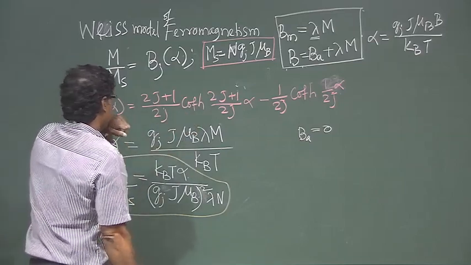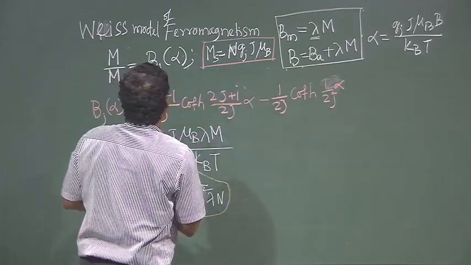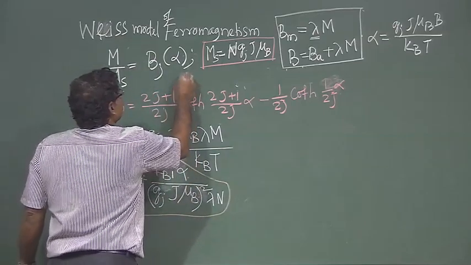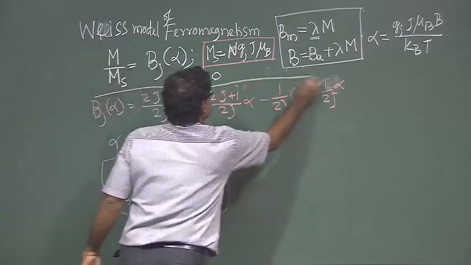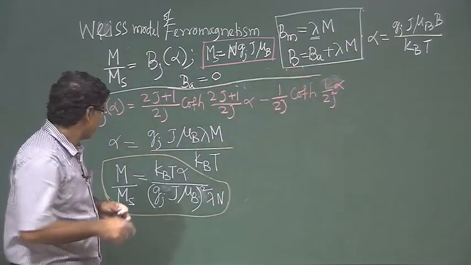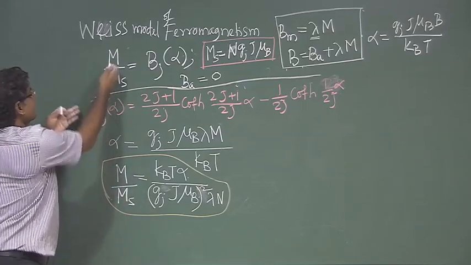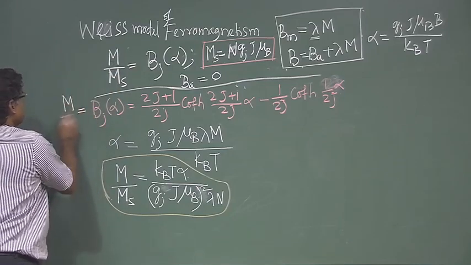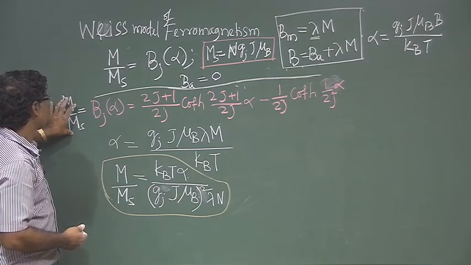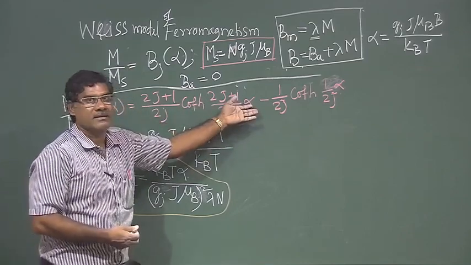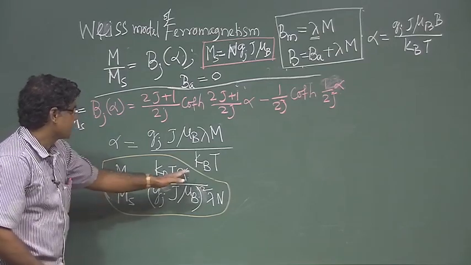Now whatever we are doing is for B_A equal to 0, and under this condition we proceed. Here Bj is equal to basically M by Ms. So here you see M by Ms is a function of alpha, and here M by Ms is also a function of alpha.